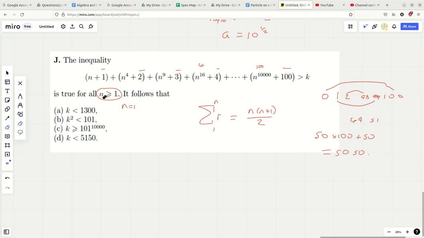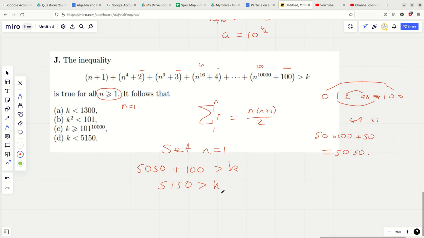Now, if you had 100 here, then you're told this inequality is true. So what we now know is true is that 5050 plus, well, let's set n equal to 1. And what are we going to have here? We're going to have 5050 plus 100, and that's got to be greater than k. Well, that's 5150 is greater than k.